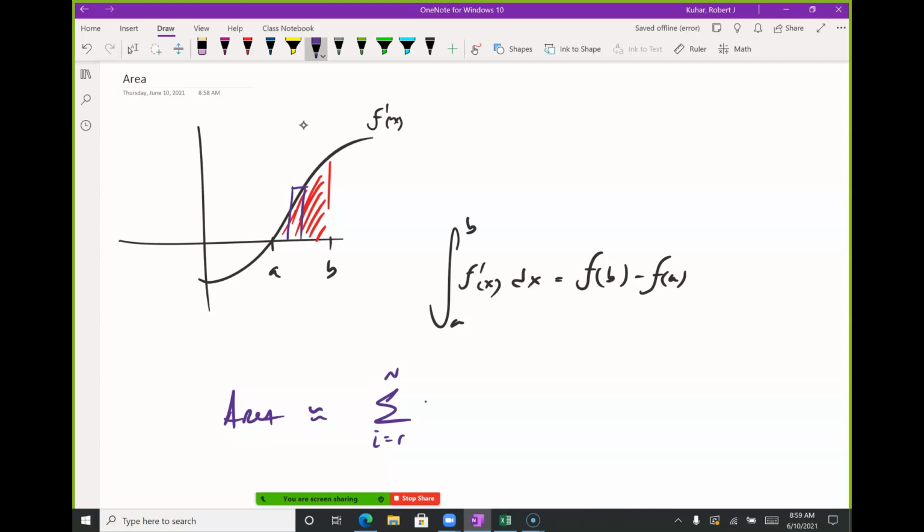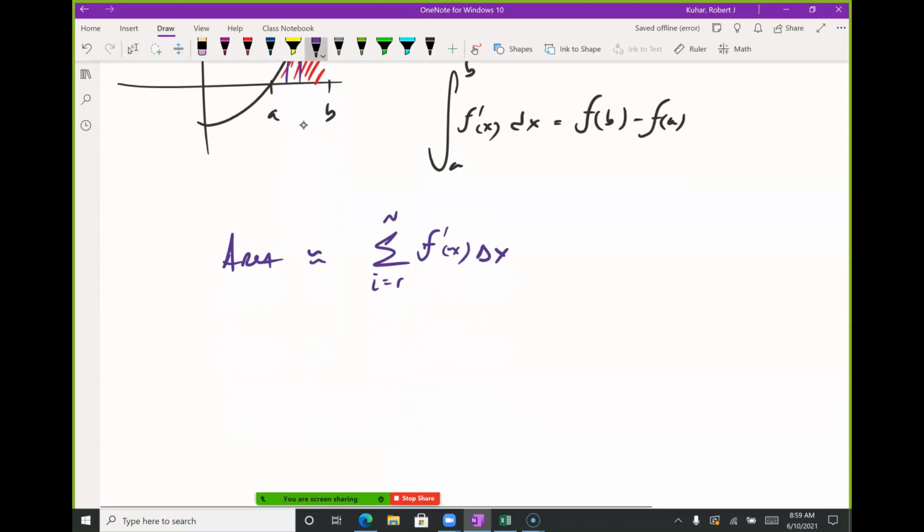I got the base from delta x, and I got the height from f prime, the derivative. Now, why am I using a derivative there? The book doesn't. But you know that when you take the integral of the derivative, you get back to the function. So I'm just using that notation. It's a little different than what the book does. But we got the exact area in Calc 1 when we did the limit as n goes to infinity.